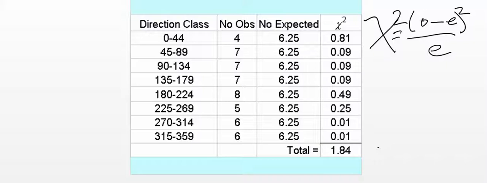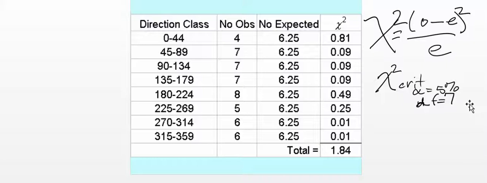But now what I need to do is calculate what my chi-squared critical is, and so the chi-squared critical can be found using an alpha of 5% and the number of degrees of freedom equal to, I use the 8 categories, so I need to go with 7 degrees of freedom.